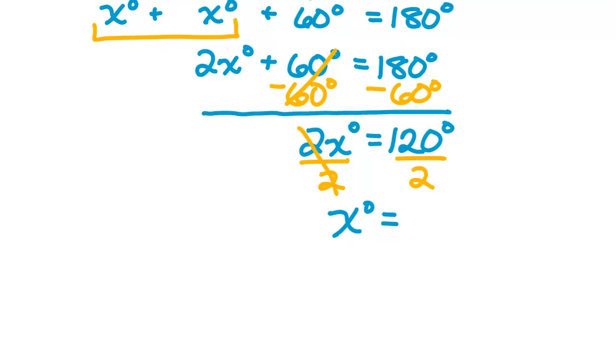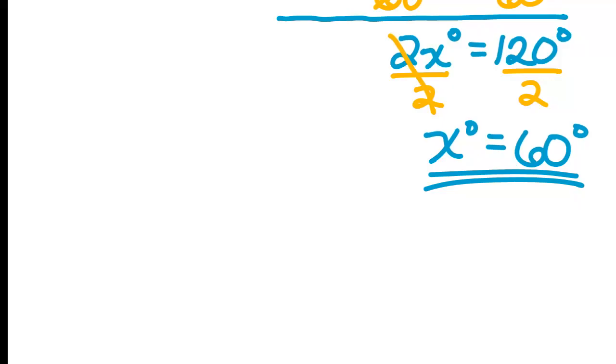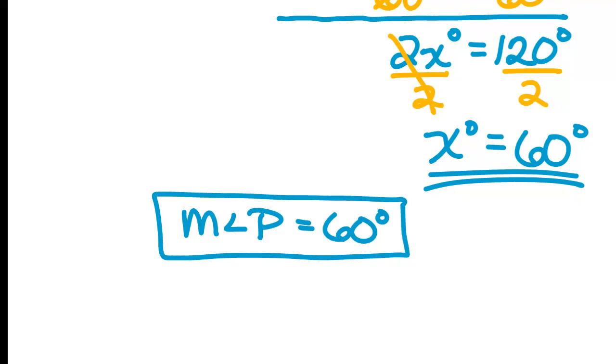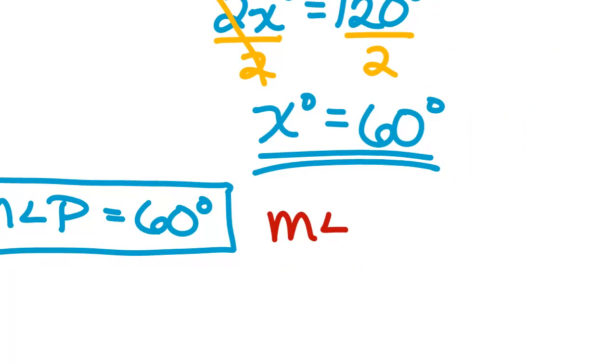How big is X? 60 degrees. And what were we letting X represent? P and R. So the measurement of angle P is 60 degrees, and the measurement of angle R is 60 degrees.